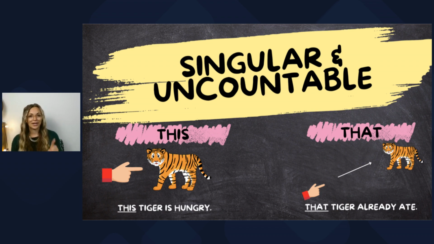This tiger is hungry. This shirt is green. This necklace is gold. If an object or person is far, you can't touch it, use that. That tiger already ate. That over there.